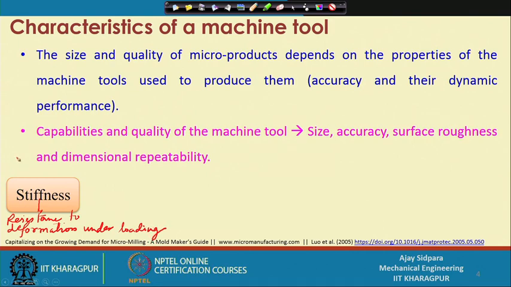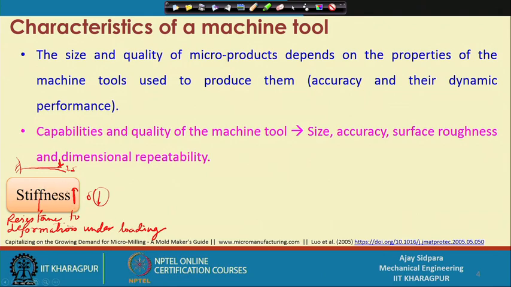Suppose this is a cantilever beam and you are loading at the free end, how much it will deflect depends on the stiffness. So, the higher the stiffness, the lower the deflection. So, this is D. It will go only a very little down if the stiffness is high. That means it is the opposite of flexible.